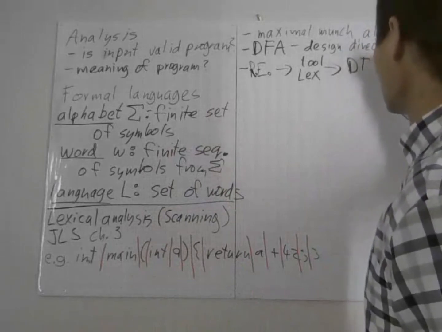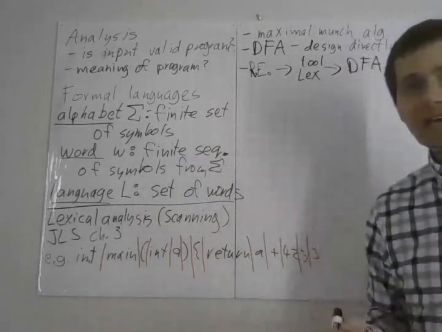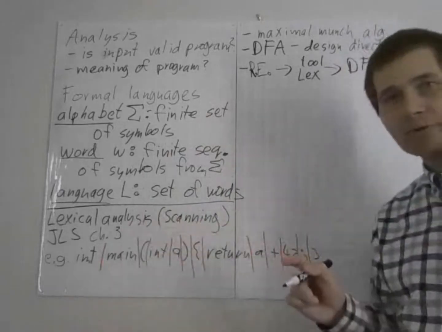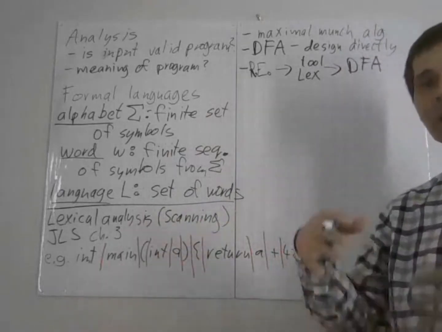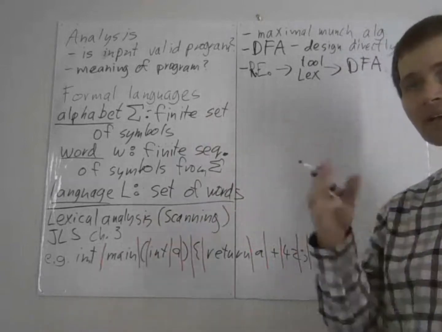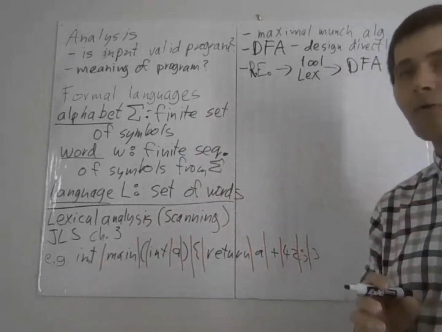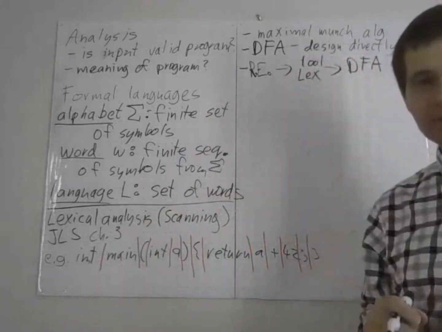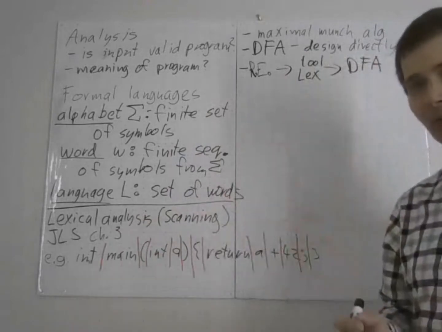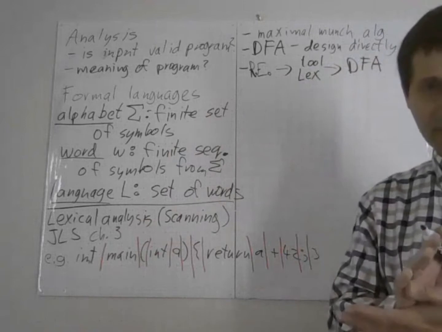The idea is that you write a specification of the valid tokens in your language as a set of regular expressions, and then this tool automatically generates the DFA for your maximal munch scanner. Then you implement your maximal munch scanner and you run it on that DFA to scan your program.